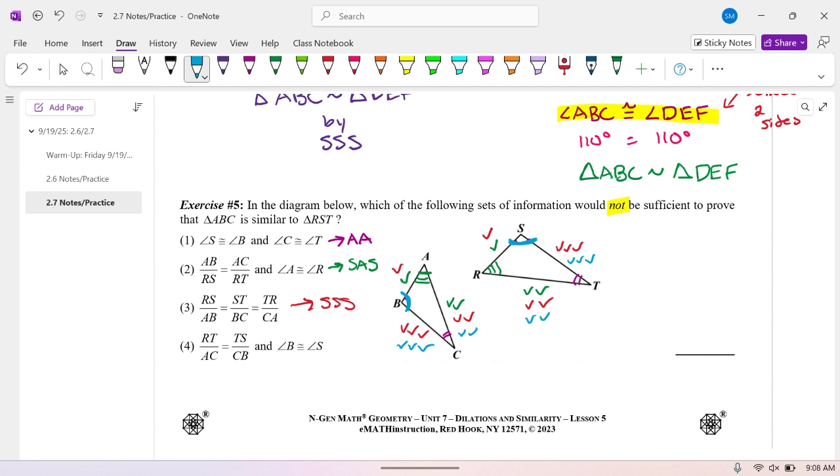Does that work for any of our postulates? No. If we were talking about this, it would be angle, angle, side. That is not one of our similarity postulates, so we don't have enough information to say it's similar. All right. So this one, there's not enough info.